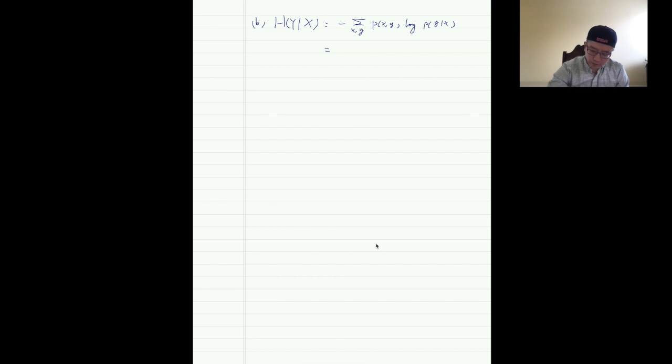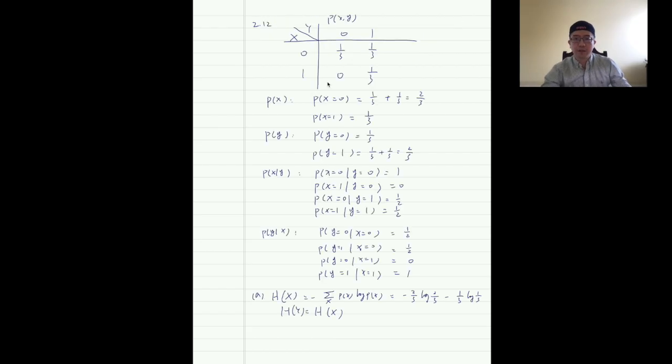Let's see. The first one is minus 1/3 log half minus 1/3 log half. The first two are basically given by these two, 0,0 and 1,0: p(0,0) is 1/3, and p(1,0) is also 1/3.